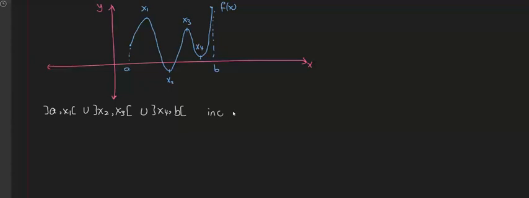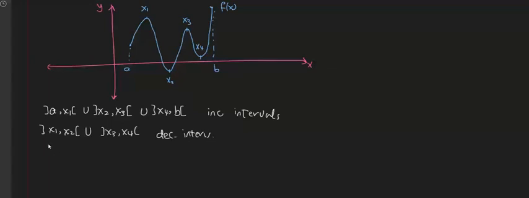All these intervals are increasing intervals. And the function is decreasing from x1 to x2, union from x3 to x4. That's the last interval where the function is decreasing, so we don't have another one. Very well.